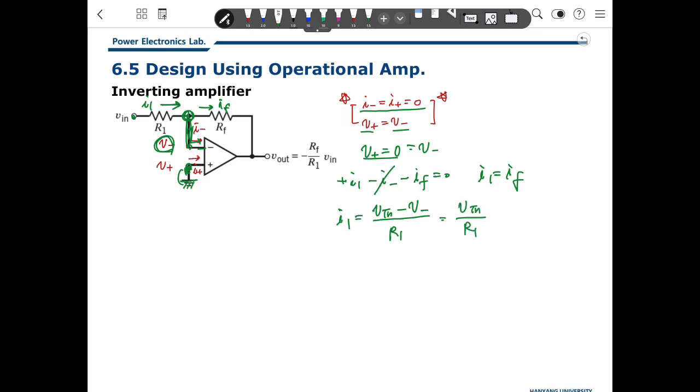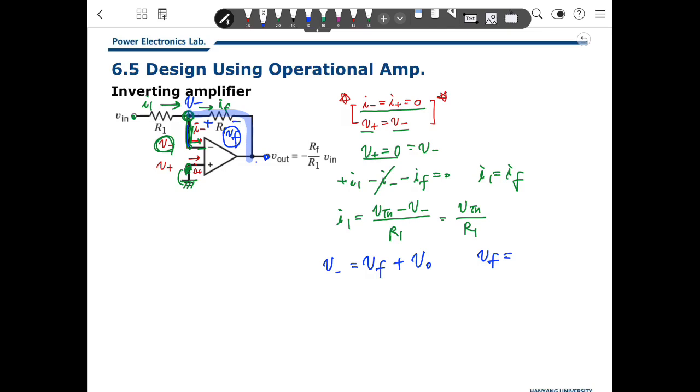And we calculate the relationship here. This is V minus, and this is Vout, and because this is VF, then V minus equals VF plus Vout. And what is VF?